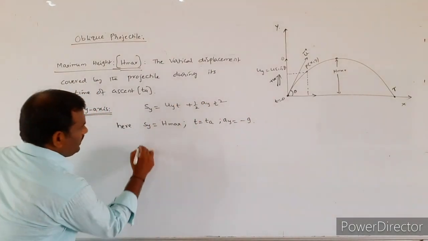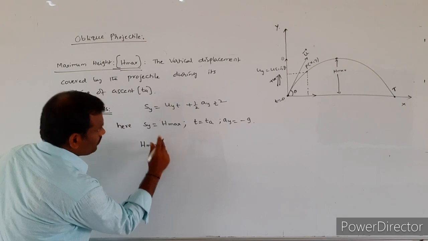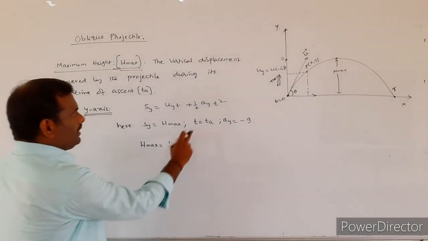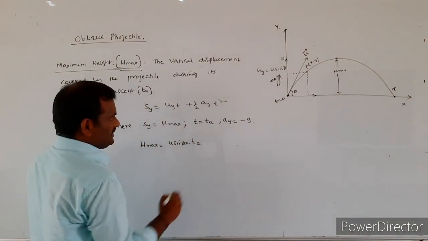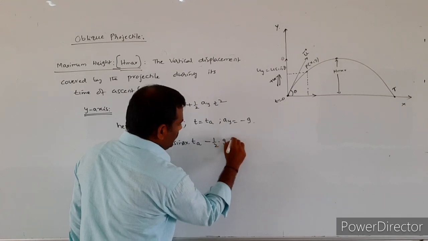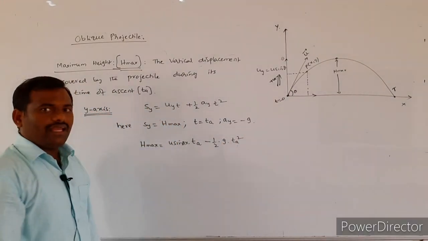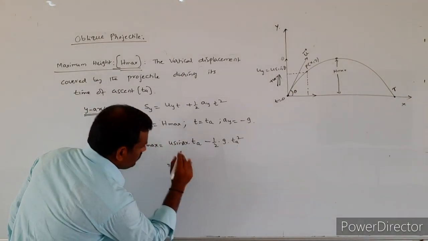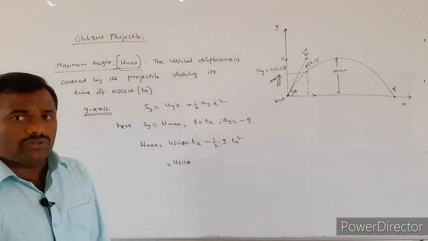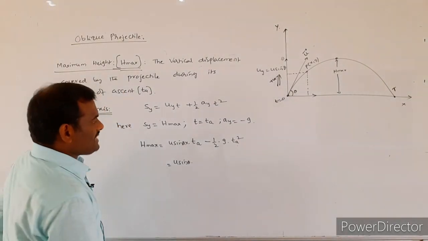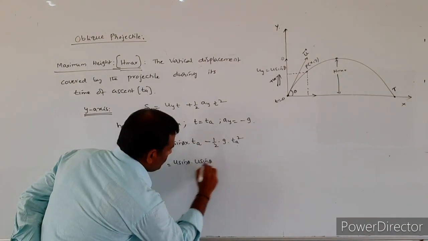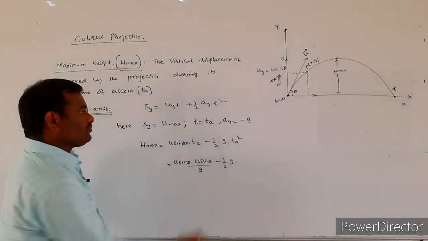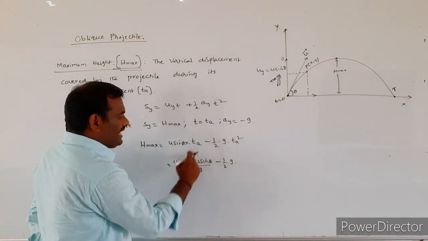Substitute these values. H maximum is equal to uy, which is u sin theta, times t, the time of ascent, minus half into g into t squared. The time of ascent, as we already derived, is u sin theta by g.